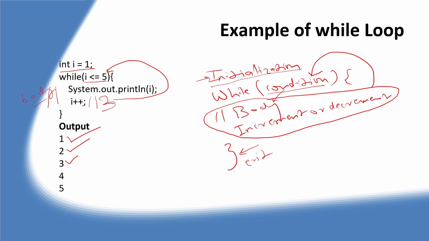Then in the next line, it is increasing the value of I to 4. Now again condition checking. 4 less than or equal to 5. Yes, the condition is true. So again it will execute the body. It will print the current value of I, that is 4.